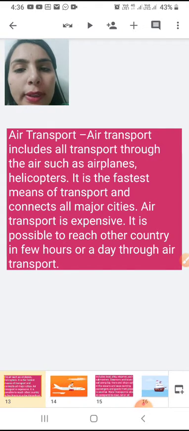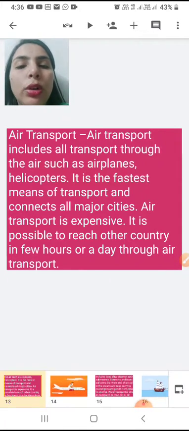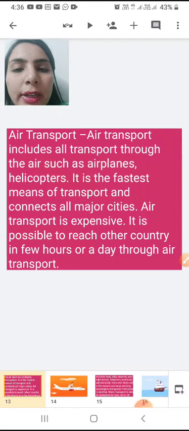So it is not at the top of the sky. And also helicopters carry only 2 or 3 or 4 people. It doesn't have the capacity for more than 3 or 4 people.